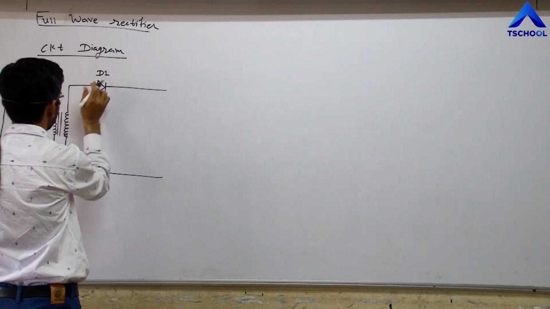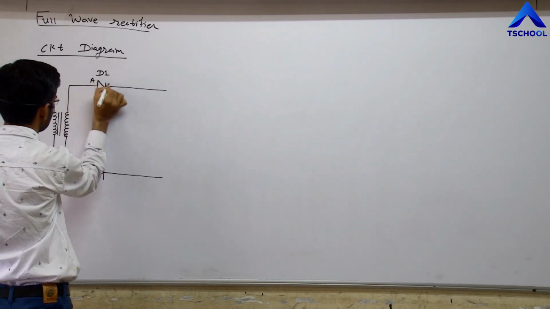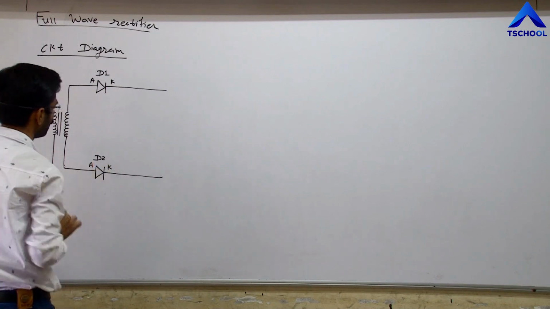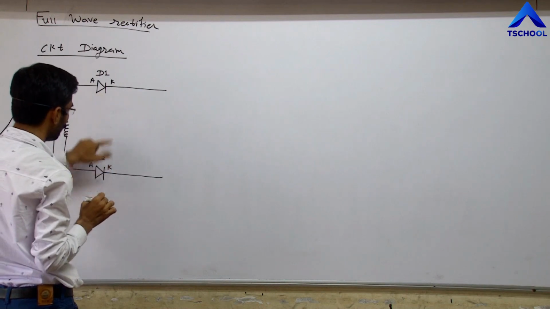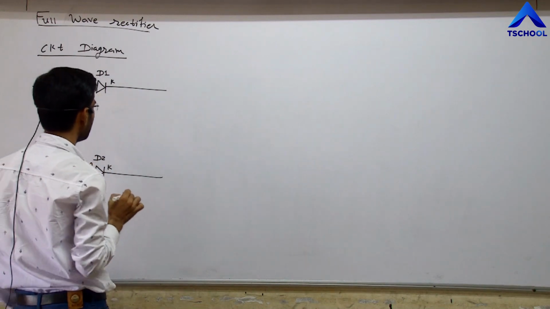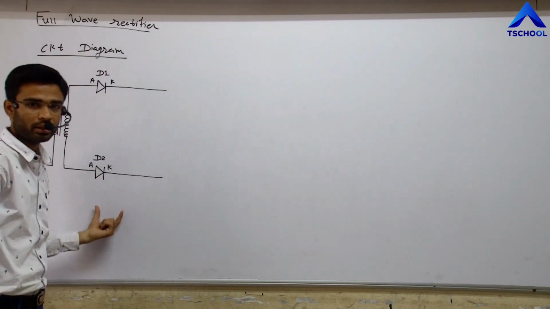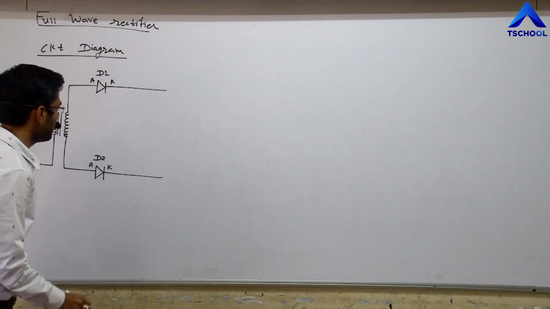Now for diodes D1 and D2, here are the anode and the cathode. The cathode terminals of both diodes, meaning the negative terminals of both diodes D1 and D2, are directly connected.